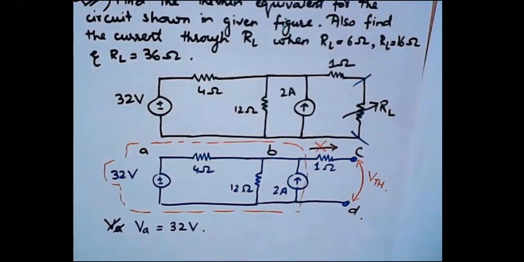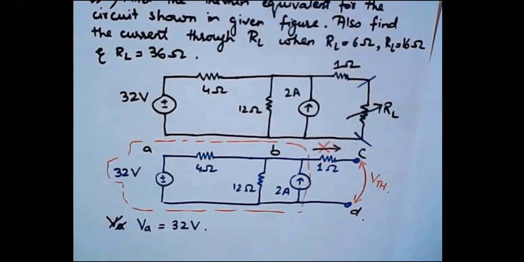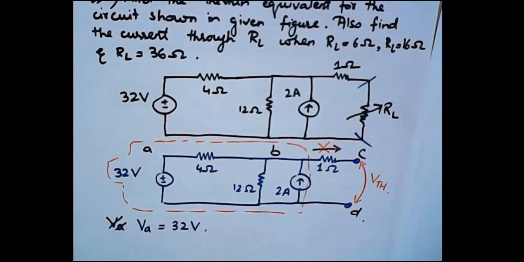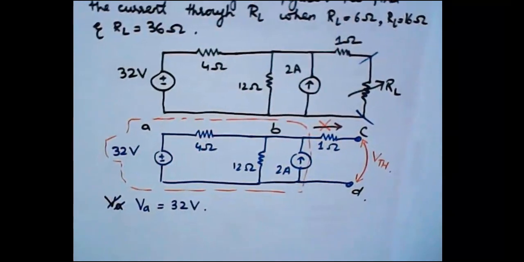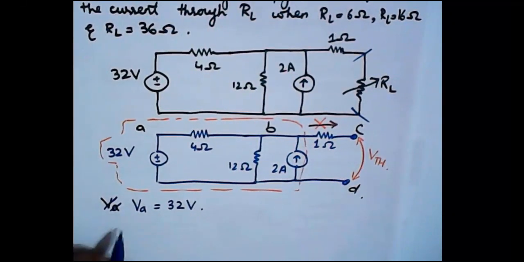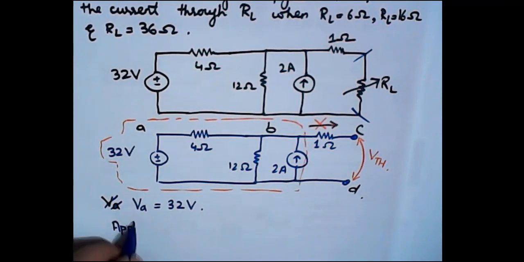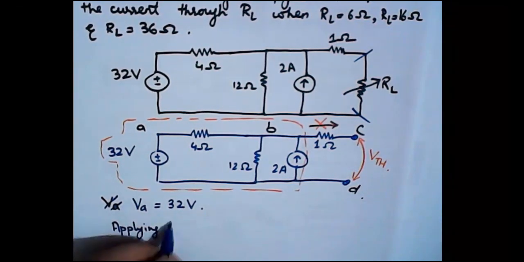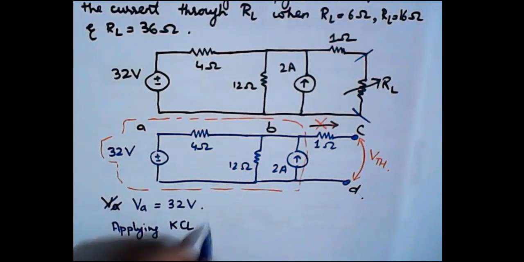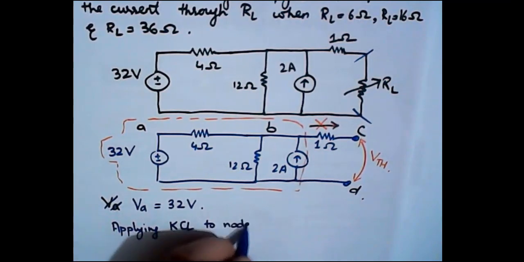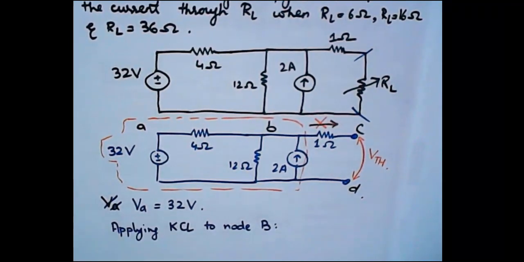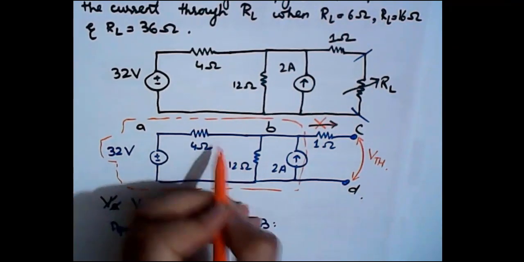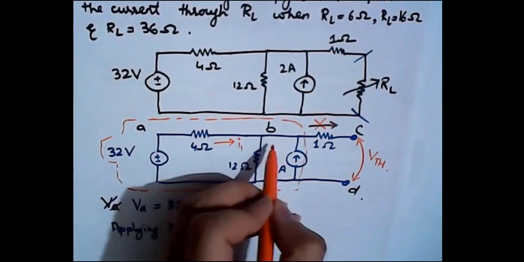And then we can simply calculate the value of current here to apply nodal analysis. So let's apply nodal analysis, and the equation will become: applying KCL to node B. Let's name it as current I1.